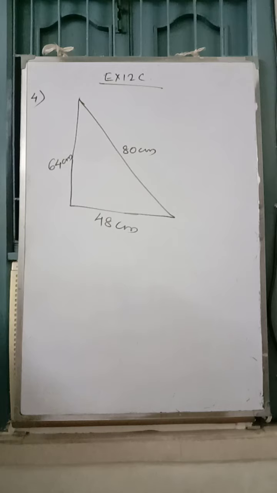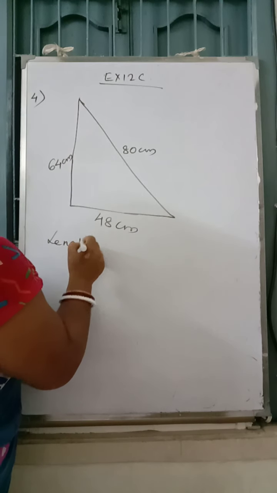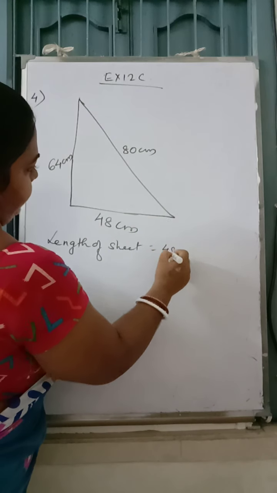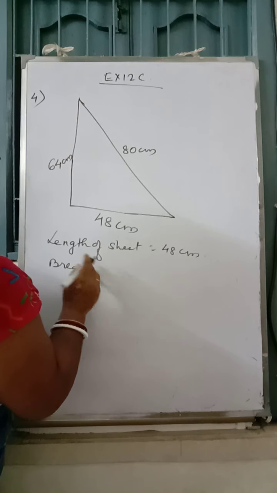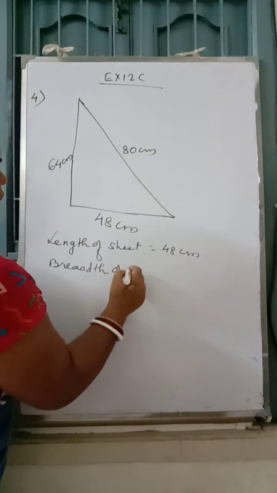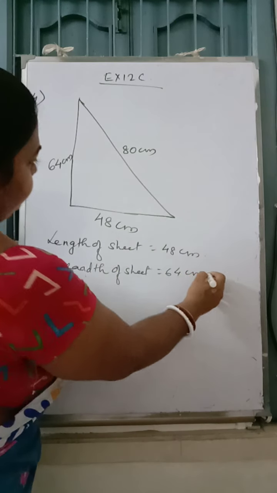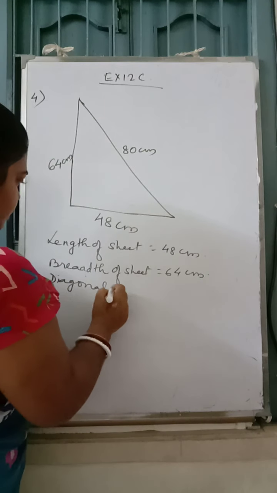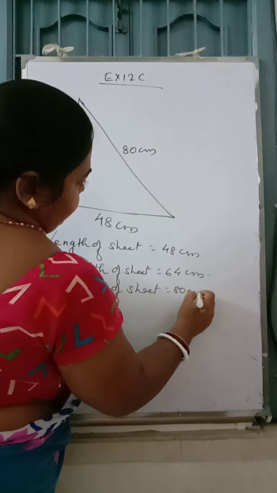Now we'll just see length of a sheet 48 centimeter, breadth of a sheet 64 centimeter and the diagonal of a sheet 80 centimeter. Is it?